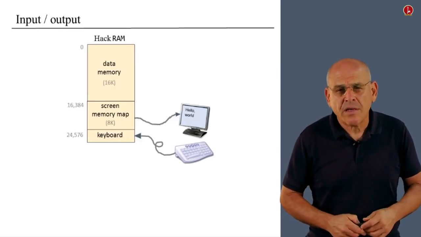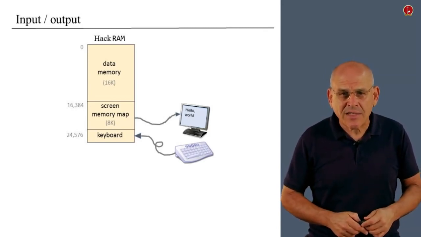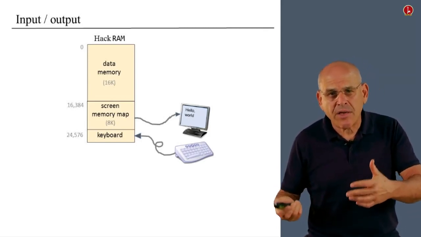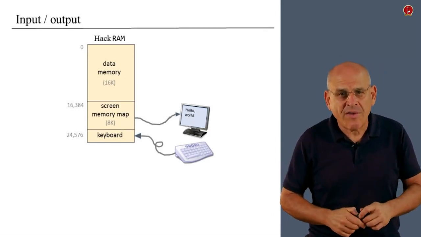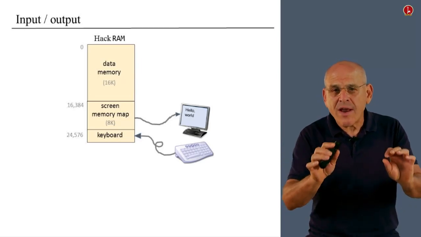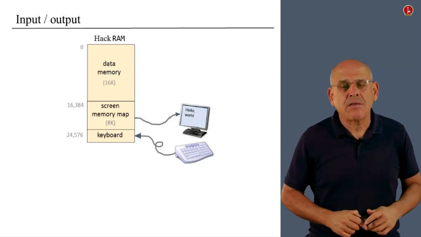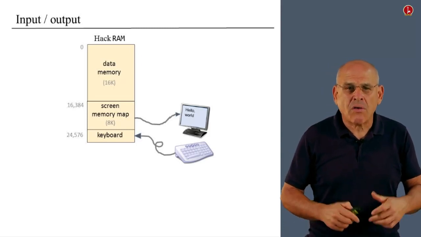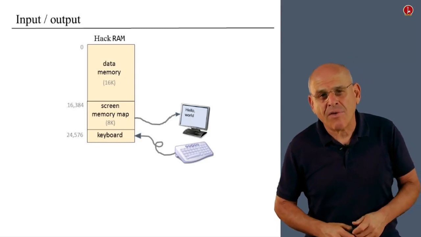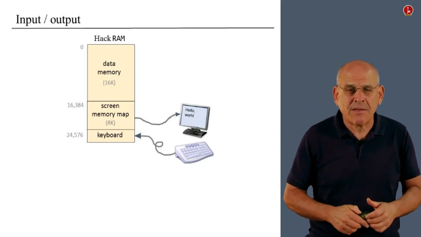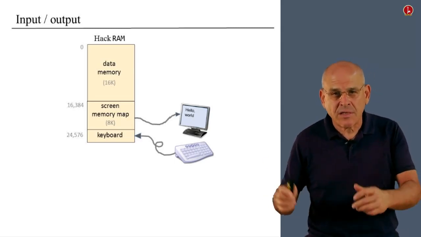First of all, if you recall, we have 2 standard input and output devices. We have a display unit and a keyboard, and these I/O devices are connected, so to speak, to 2 designated areas in the RAM. One of them is called the screen memory map, and these are 8K of bits that represent about 131,000 pixels on the physical display unit.